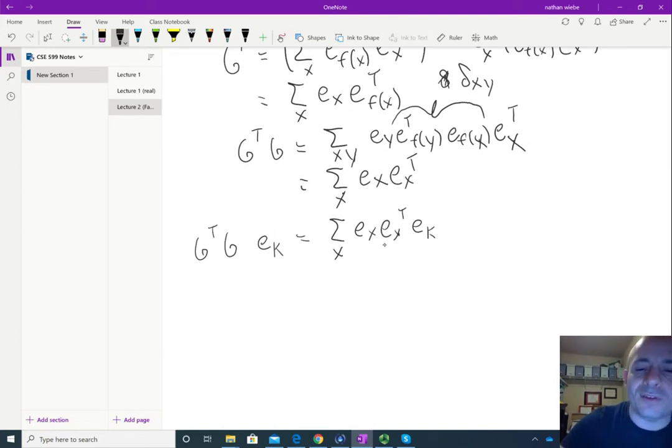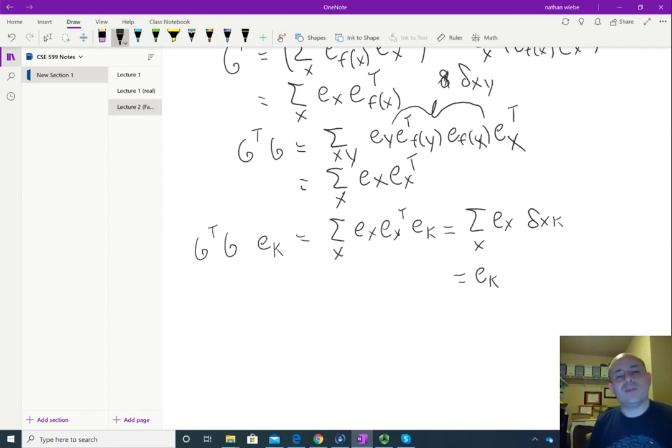But again, because of the inner product property, that is just the sum over x of e_x times delta_xk, which is, of course, e_k. So what this is saying is that G transpose G is a map that for every input maps the input back to itself. Ergo, by definition, this is the identity operation.